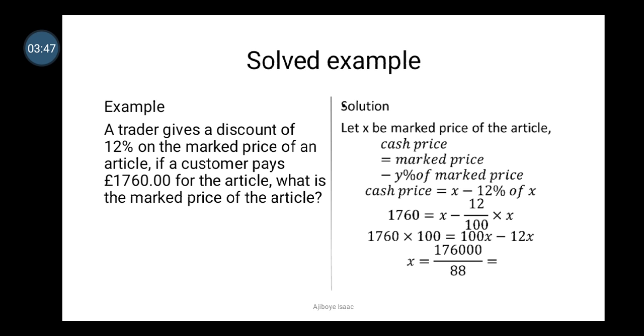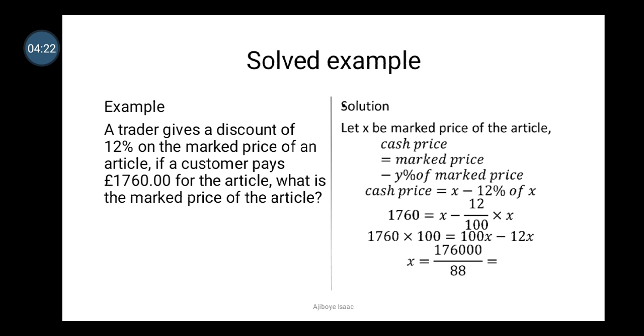So we start by saying let X be the marked price of the article. We already know that cash price is equal to marked price minus Y% of marked price, where Y% is the discount percent. So cash price will therefore be equal to X minus 12% of X. Multiply both sides by 100, so that we have 1,760 times 100 equals 100 times X minus 12X.